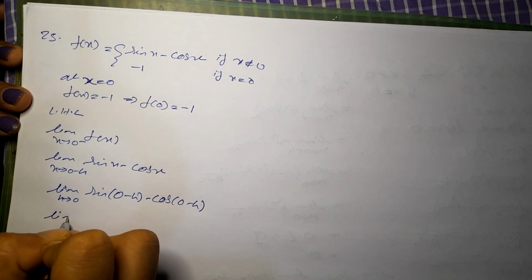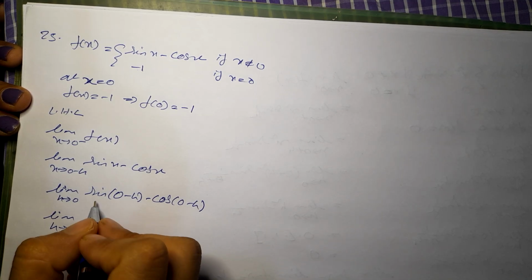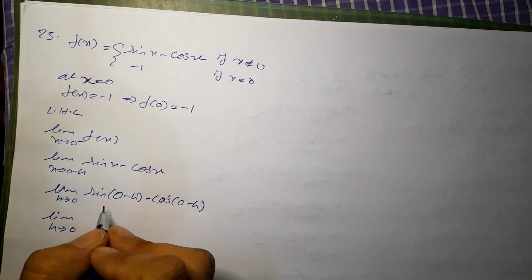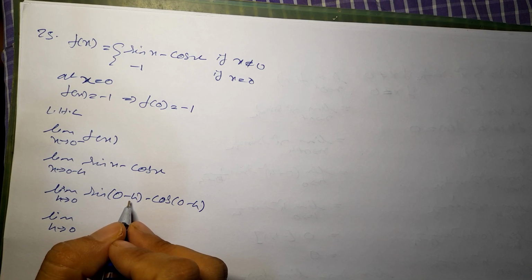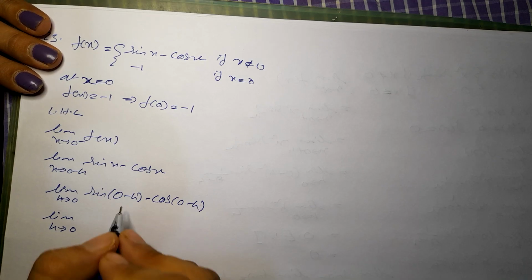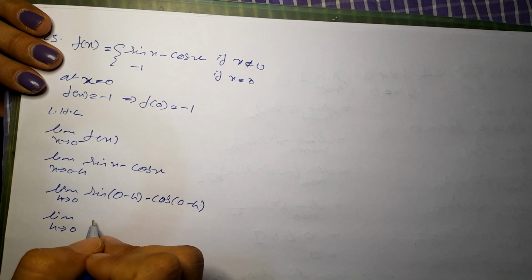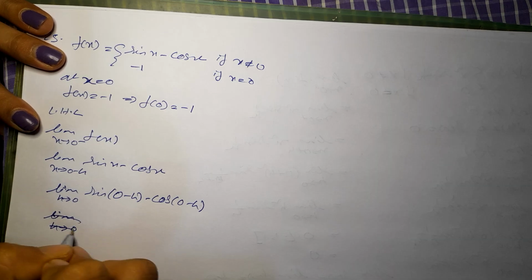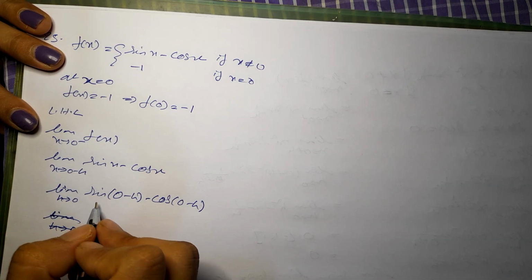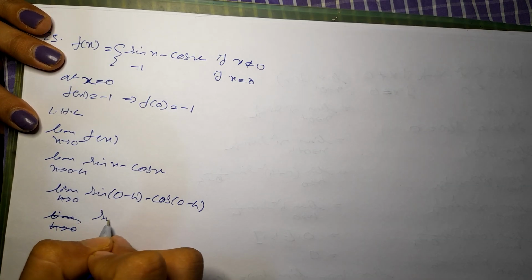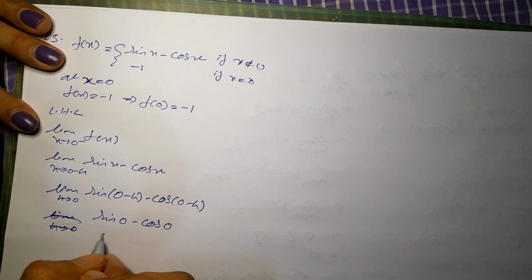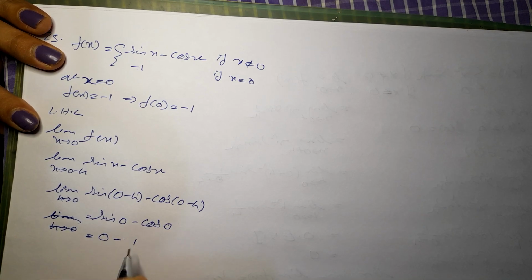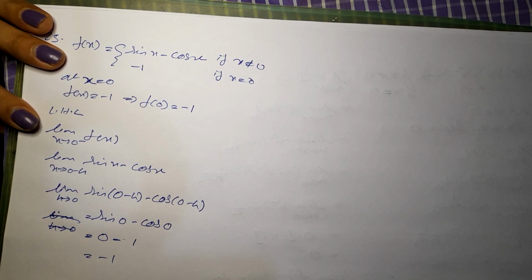So limit h tends to 0, here put the value 0, h will be 0, so it will be sin 0 minus cos 0. Sin 0 is 0, cos 0 is 1, so it gives minus 1. So this is the left hand limit.